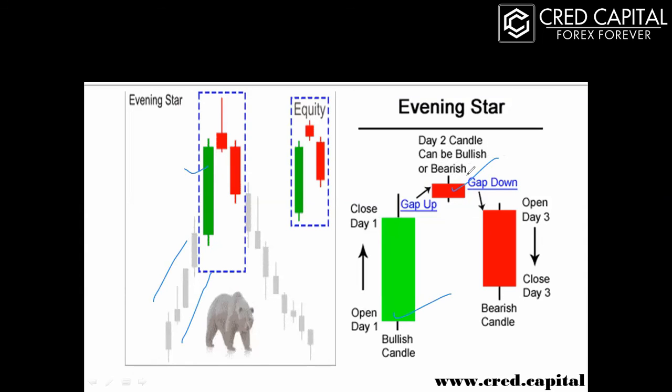The second candle can be bullish or bearish, but according to me, it will be much better if it is a shooting star or hanging man, or any of the dojis, or any of the bearish Marubozu, okay? Then only can we analyze that yes, the market will start reversing towards the downside.